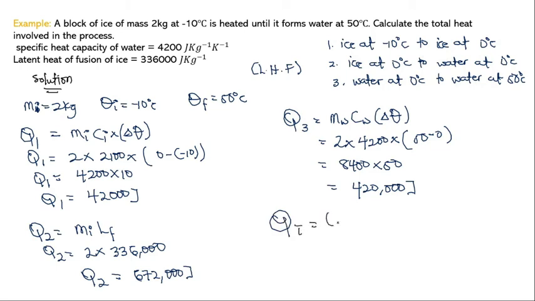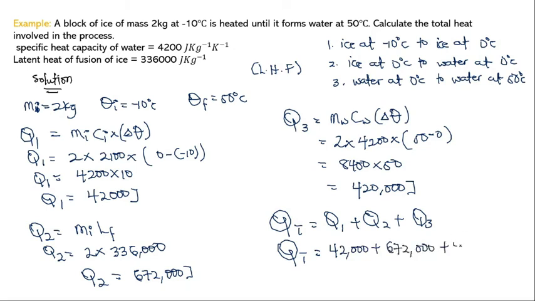All right, so our total energy involved, or the total heat energy involved in this process, which is Q total, is the sum of what? Q1 plus Q2 and what? Q3. So it means our Q total will be what? The sum of what? 42,000 plus 672,000 and 420,000 joules of energies.